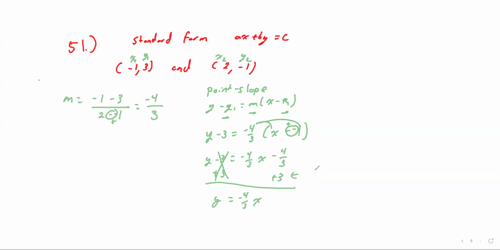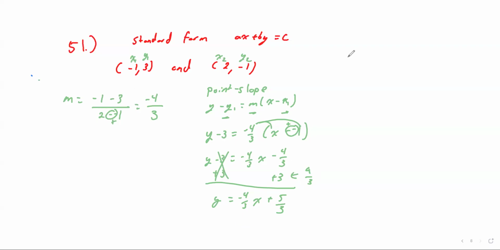3 is the same thing as 9/3. So negative 4/3 plus 9/3 would give me positive 5/3. So there is my equation. The issue is I need it in standard form. So what we'll do is move the x back over.